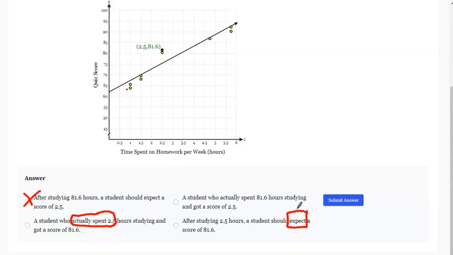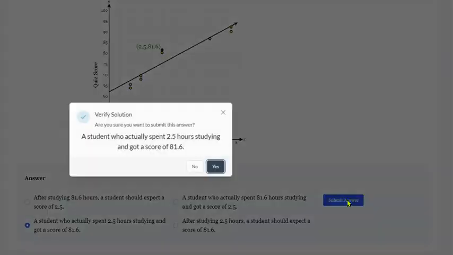This word, expect, would be a point along the black line, not a yellow dot. Right? So this yellow dot would be actual values, and this green dot here would be an actual value, because an expected value would be along the trend line. So we're going to choose here a student who actually spent 2.5 hours studying, got a score of 81.6.